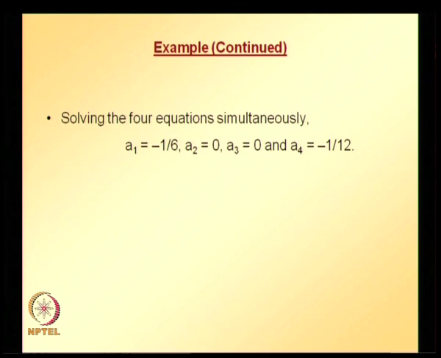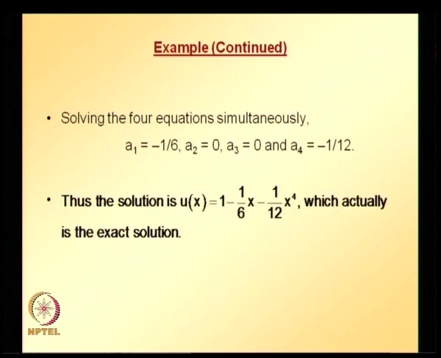And what we need to do now is substitute these coefficients into the trial solution, that is 1 plus a1x plus a2x square plus a3x cube plus a4x power 4, and surprisingly what you observe is that the approximate solution that you get is the same as the exact solution.